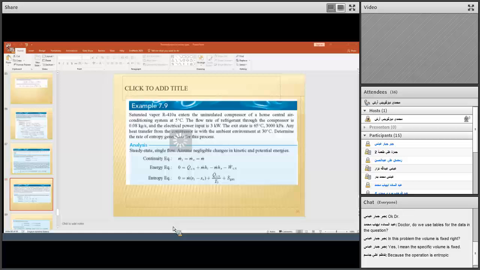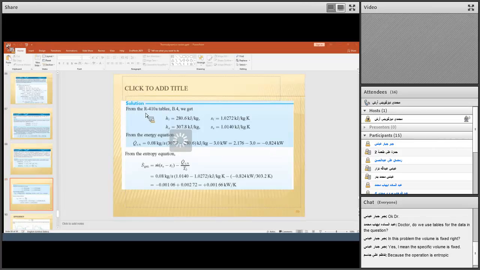This is the first law of thermodynamics. And we also have the second law of thermodynamics. It means that mass flow rate times (SE minus SI), the variation of entropy between inlet and exit, plus rate of heat transfer divided by T0, the environment temperature, plus entropy generation.